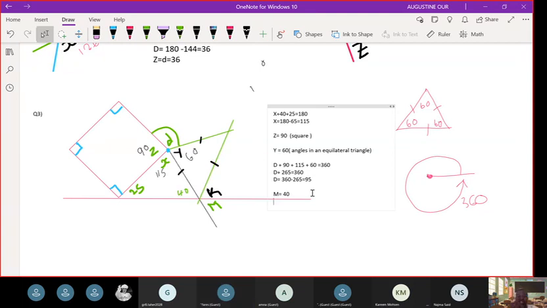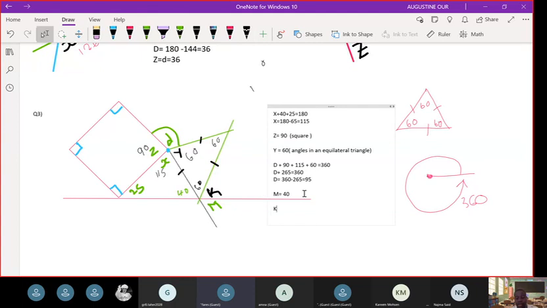Do you know why it is not 140? Because remember all these sides are 60, 60, right? So it means K plus 60 plus 40 is 180. So it means K is 80.